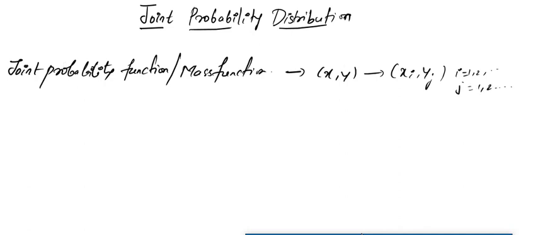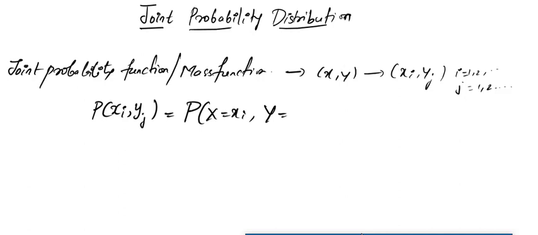Since it's a probability function, we denote it as P, the joint probability, which can be written as probability of capital X equal to xi and capital Y equal to yj, and it is called the probability mass function.